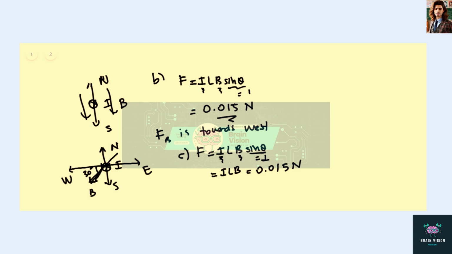Then we curl our fingers 90 degrees. So if we curl our fingers 90 degrees, 30 from here to there, and then another 60, that is a total of 90 degrees. So this is going to be the direction of the magnetic force in this case. You can say F_B is 60 degrees north of west.